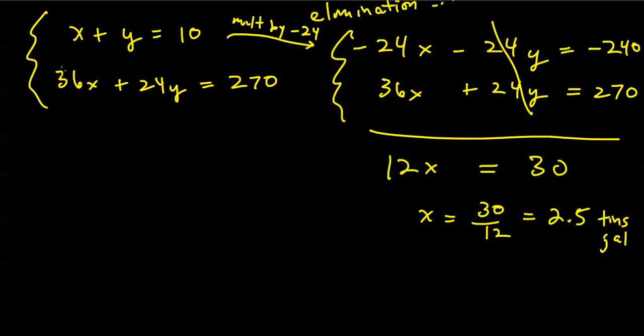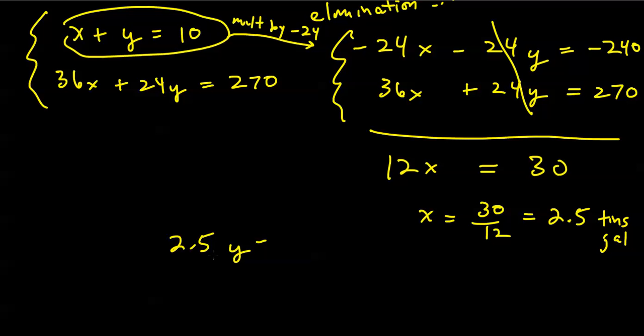I'll then use my top equation here to solve for y. So if x is 2.5, then 2.5 plus y must equal 10. And of course then y equals 7.5 tins of the cheese popcorn.